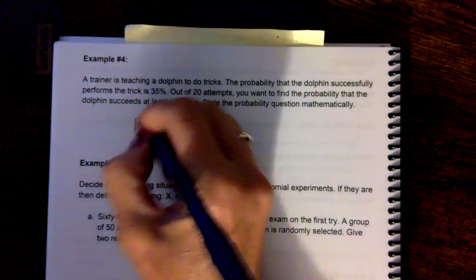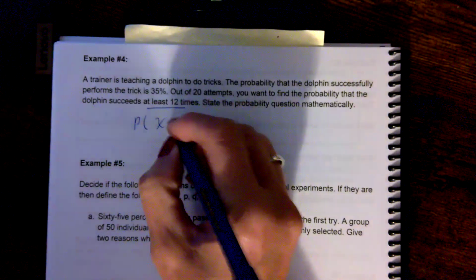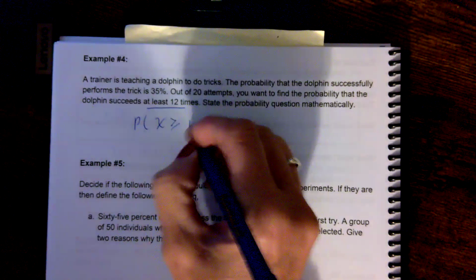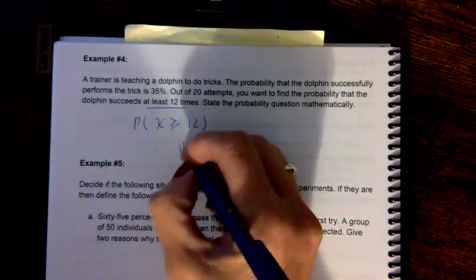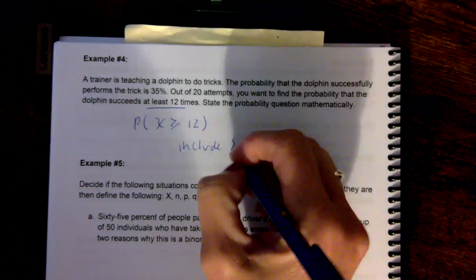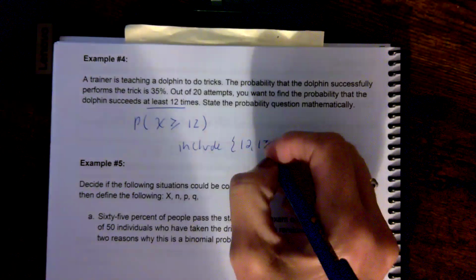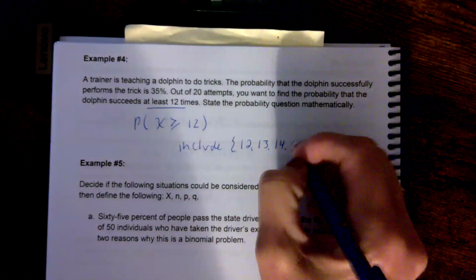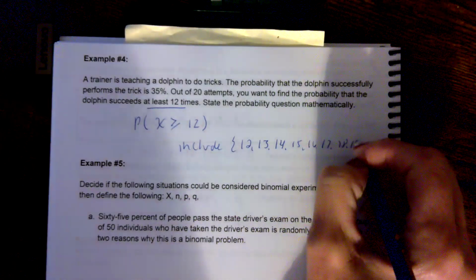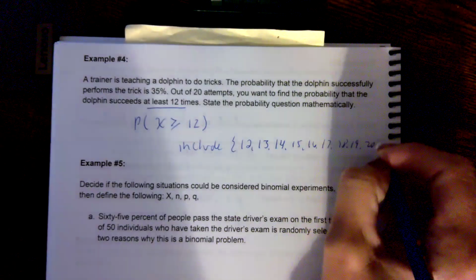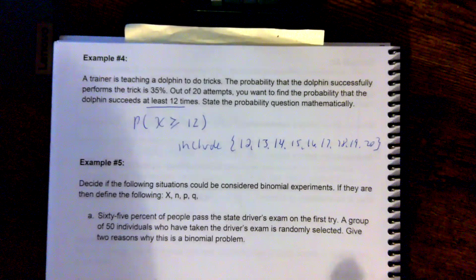So it would be the probability that X, and it says at least, so X has to be greater than or equal to 12. Okay, so that would include 12, 13, 14, 15, 16, 17, 18, 19, and 20. That's at least.